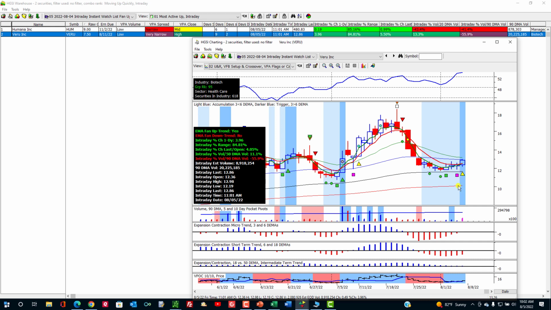It's got the intraday data, and you can see here's the 200, the 100, and it's right at the 50 right now. It's under accumulation. There is a low volume test and a confirmation of that test. You can see how helpful these VPA flags are.